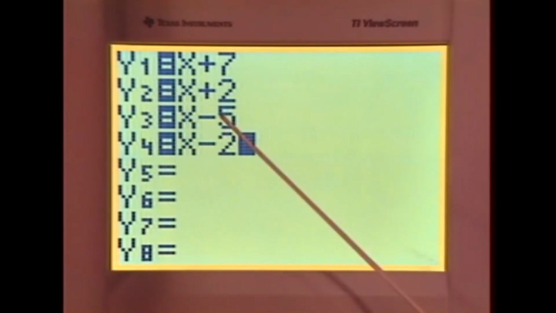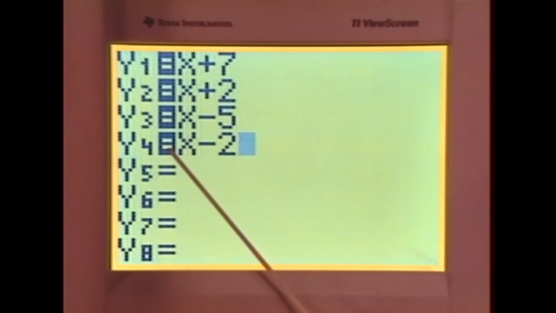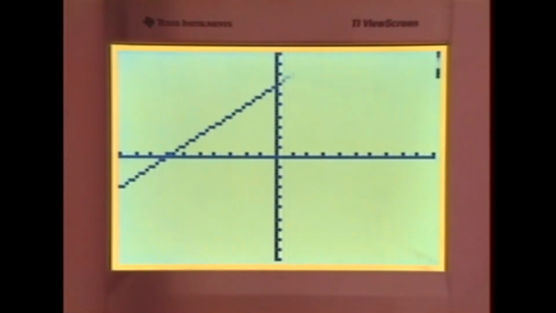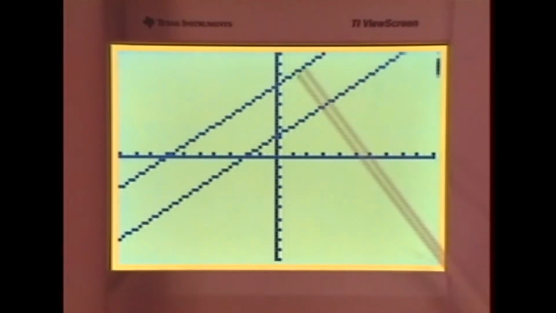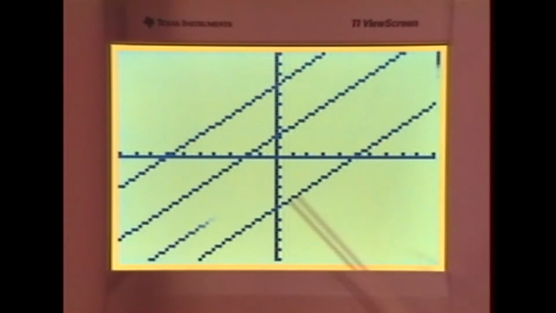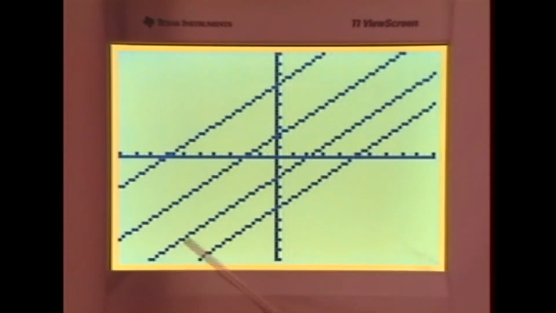It's less than 2 and greater than negative 5. So let's graph and observe the fourth function drawn and see if it does exactly what we want it to do. There's x plus 7, x plus 2, x minus 5, and there you go. It's exactly where we wanted it to be, between 2 and negative 5.